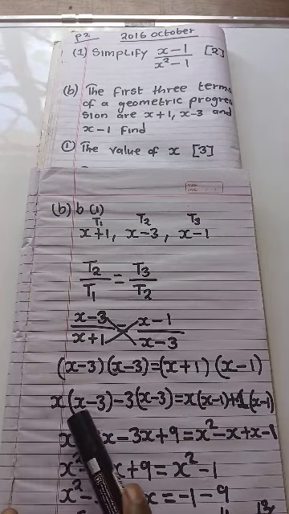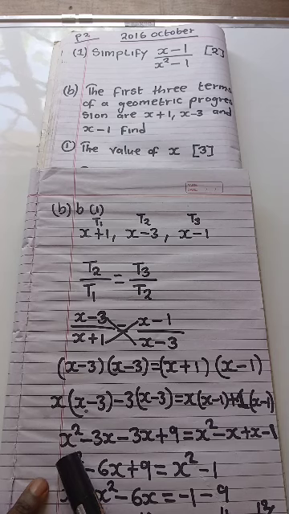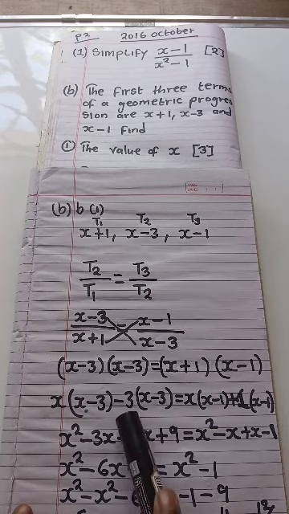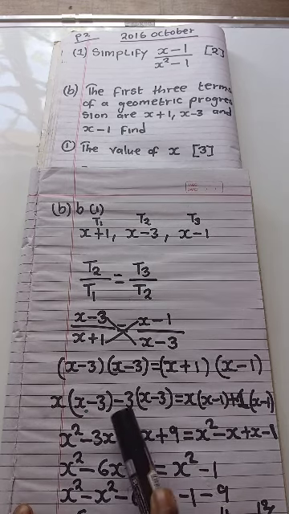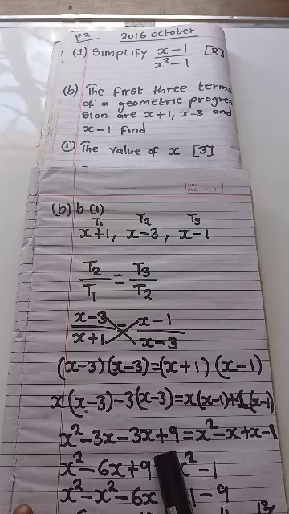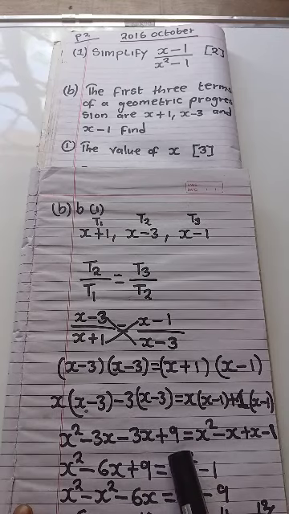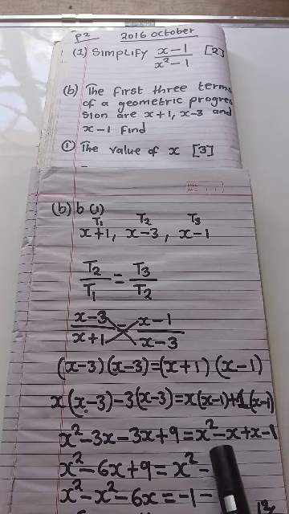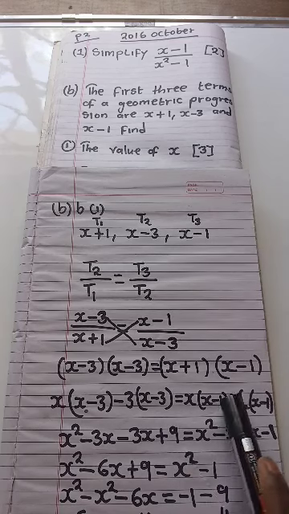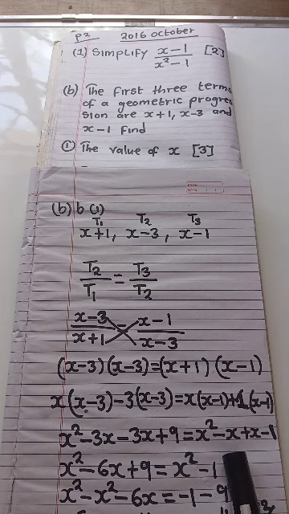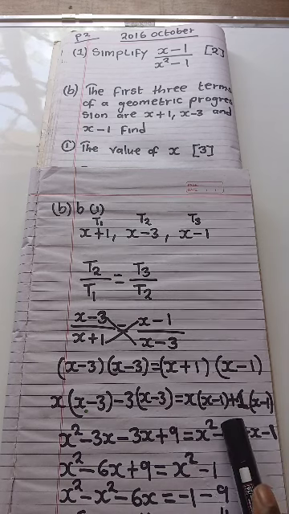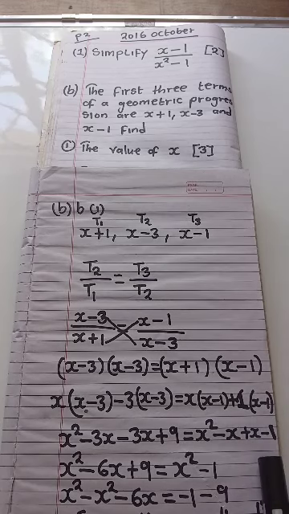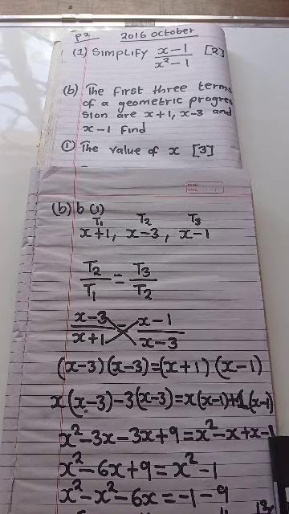So you say x times x, x squared, minus x times 3, 3x, minus 3 times x, 3x, negative times negative, positive, 3 times 3, 9, equals x times x, x squared, minus x times 1, it's x, plus 1 times x, it's x. Positive times negative, you get a negative. 1 times 1, it's 1.